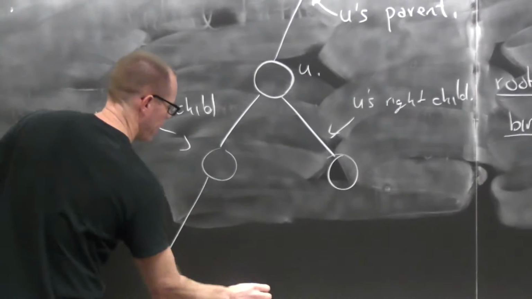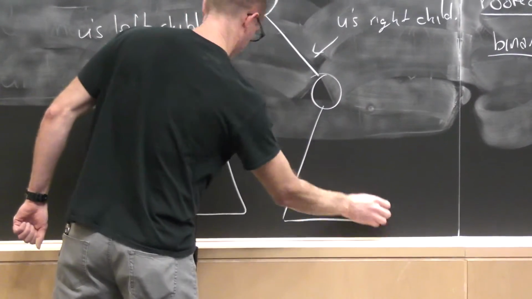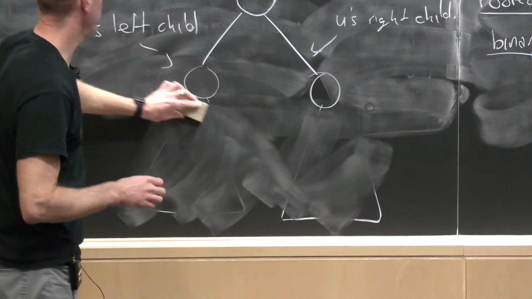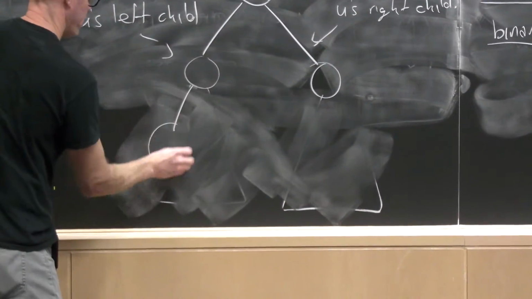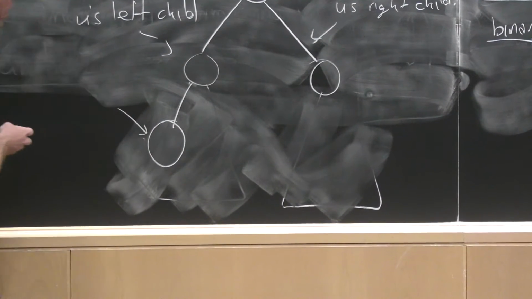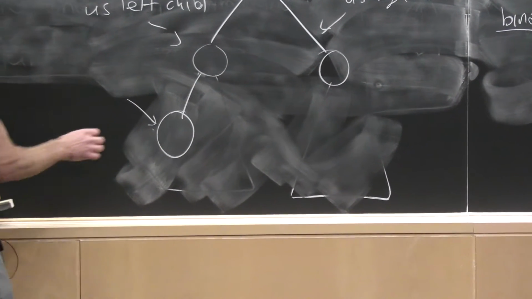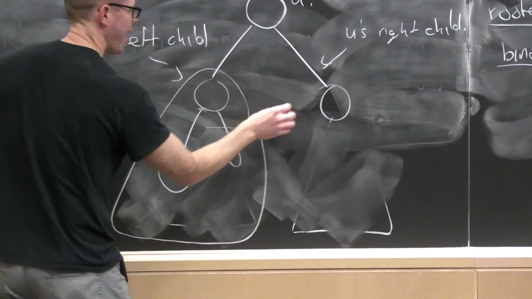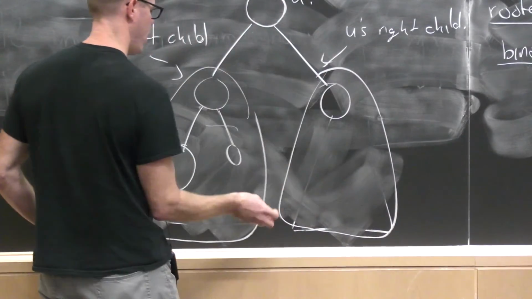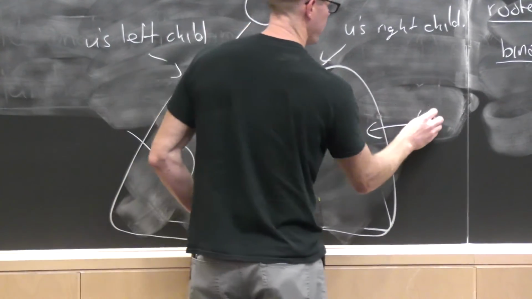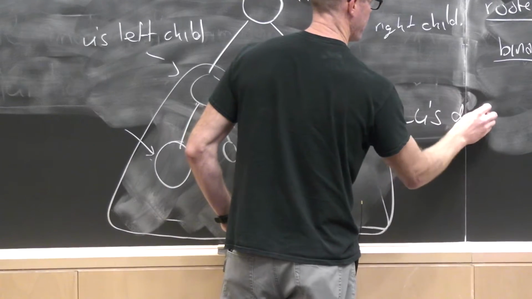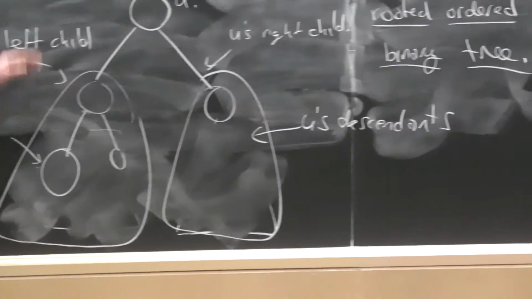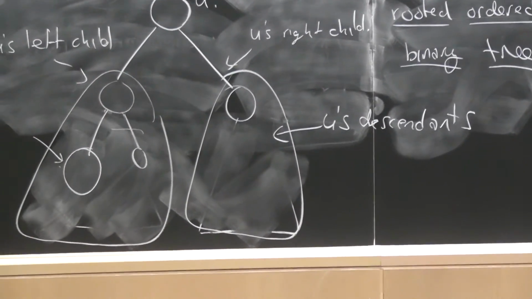We also extend that. So for example, we have a node down here. In fact, we have nodes in this whole subtree. And in this subtree, all of those things are U's descendants. Right? They're U's children and the children of U's children and so on.